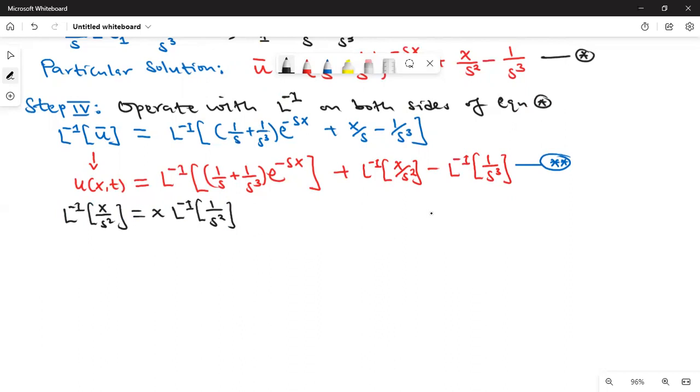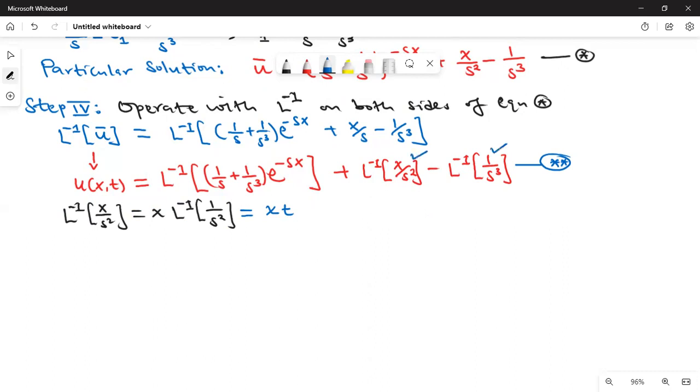It will operate on S to give us T. The L was operating on T to give us S. Very important. And so what gave us 1 over S squared? That was T. So here we'll get x times T, because when you transform T, you get 1 over S squared. So now we know this term.